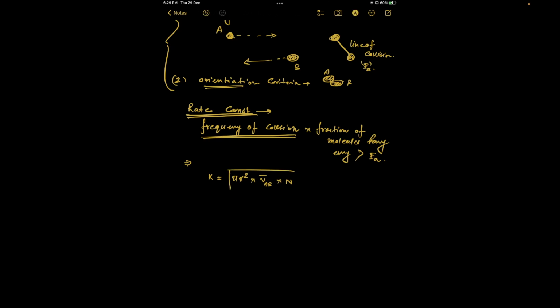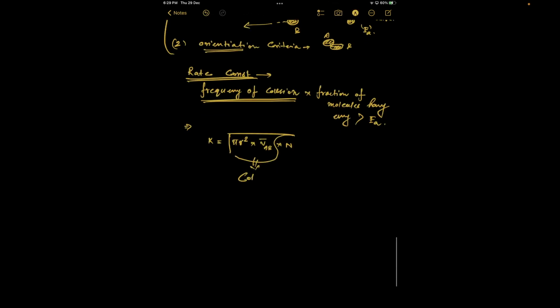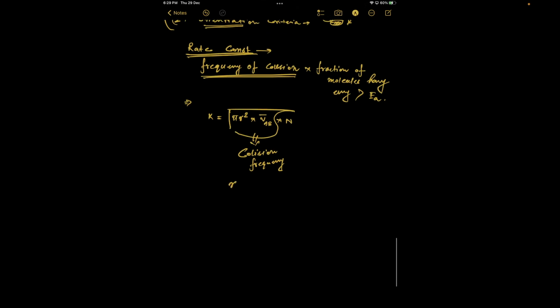So this is the part from collision frequency. Now r is sigma A plus sigma B divided by 2.